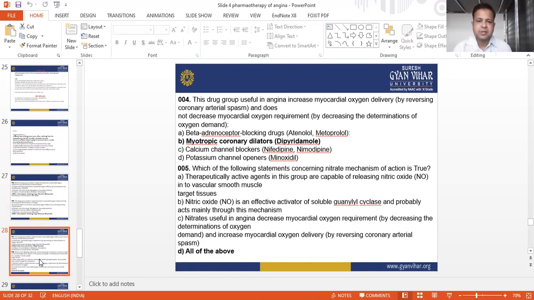C, nitrates, useful in angina, decrease myocardial oxygen requirement by decreasing the determinants of oxygen demand and increase myocardial oxygen delivery by reversing coronary artery spasm. And D, all of the above. So all of the above is correct.